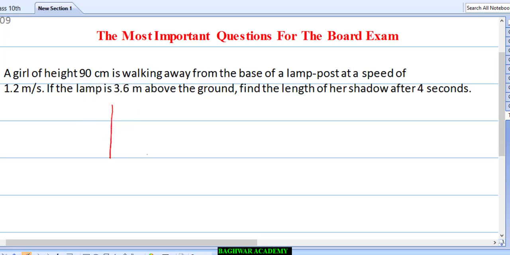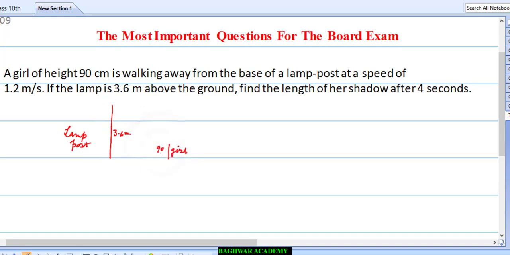Suppose this is the lamp post and this is the girl. The height of the lamp post is 3.6 meter, and the height of the girl is 90 centimeter.